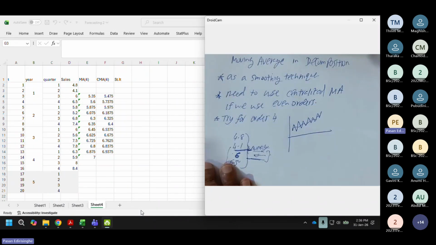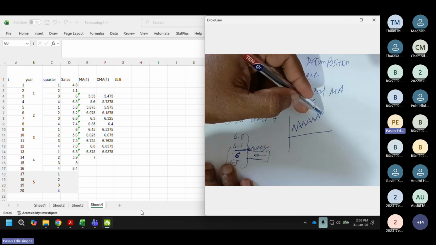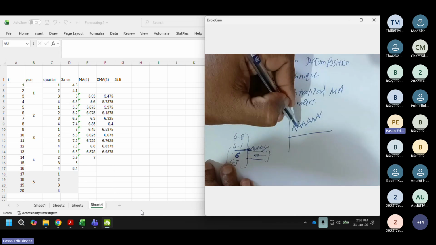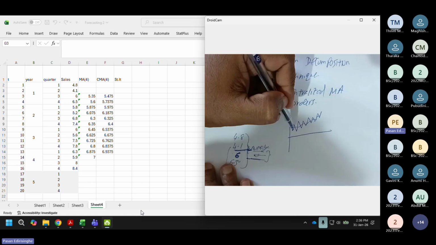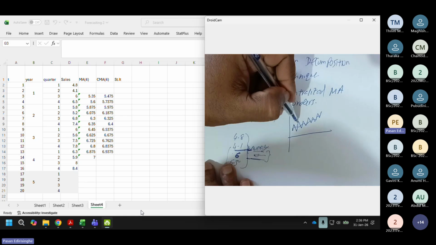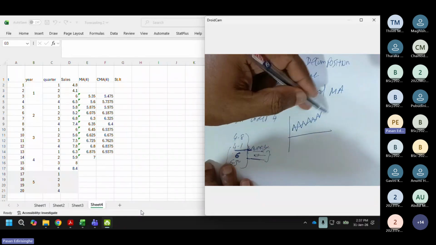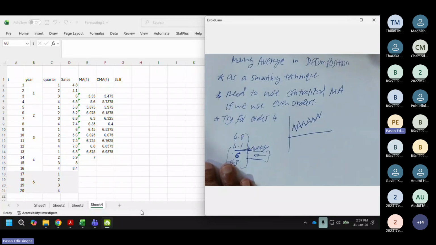We try to find some curve like that. As we are smoothing it, what actually happens is that we are basically removing those seasonal effects. We are removing any sort of peaks that we can have, and making it much more like a straight line.